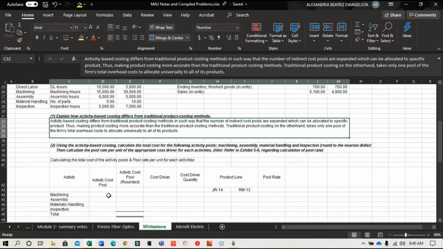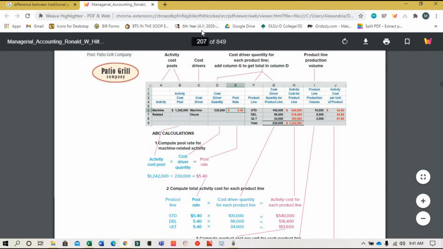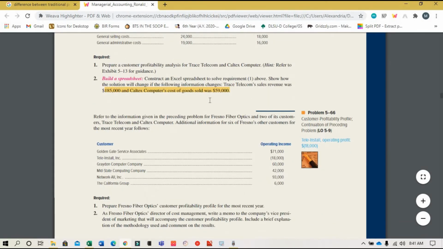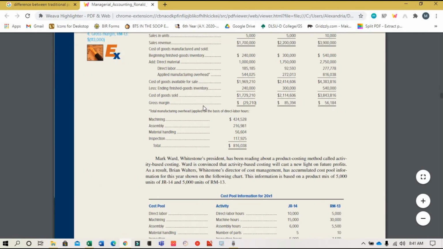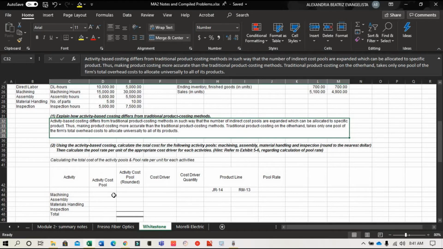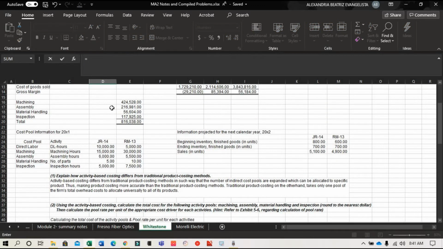Let me go back to the problem. It is stated in the problem that all of the manufacturing overhead cost will increase by 6%. So we're just going to increase the values of the activity pools by 6%.